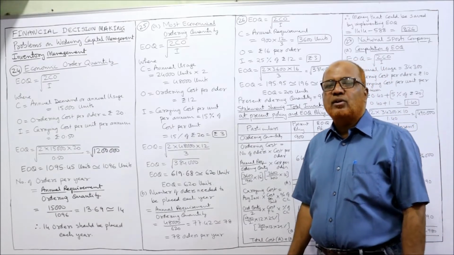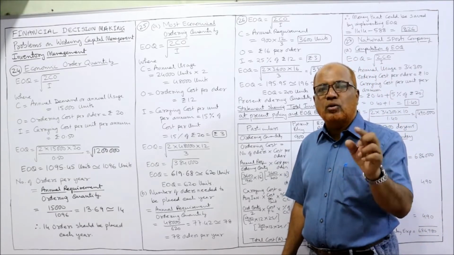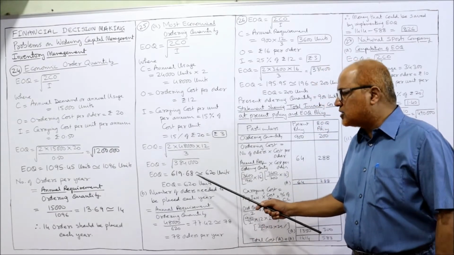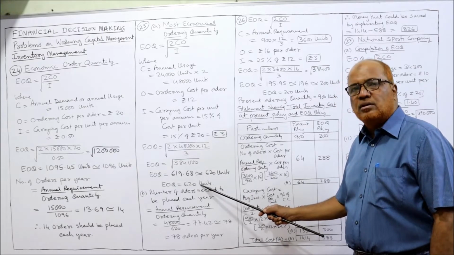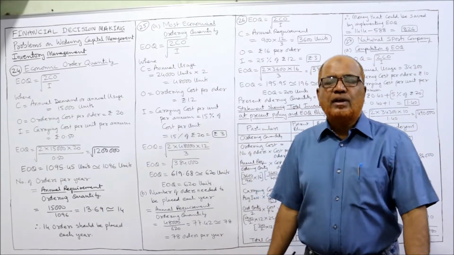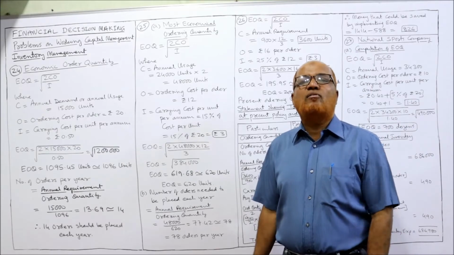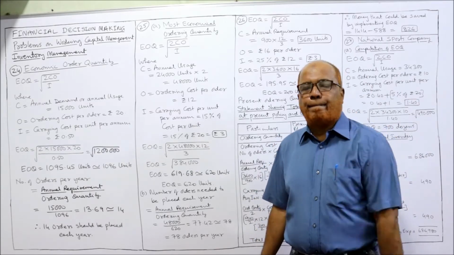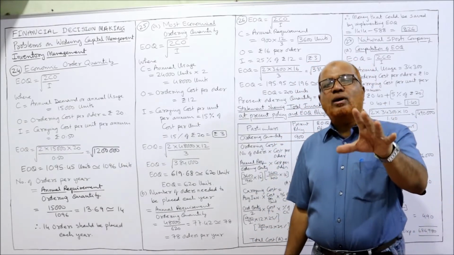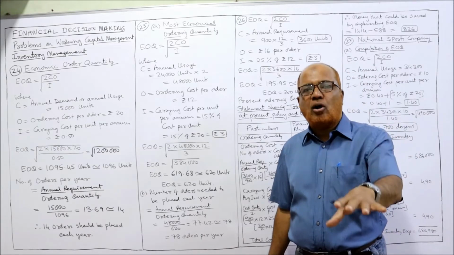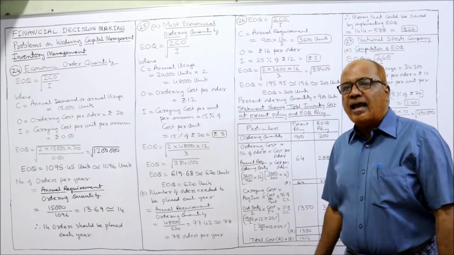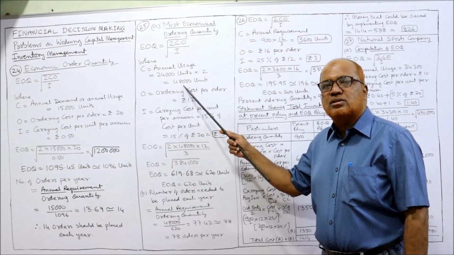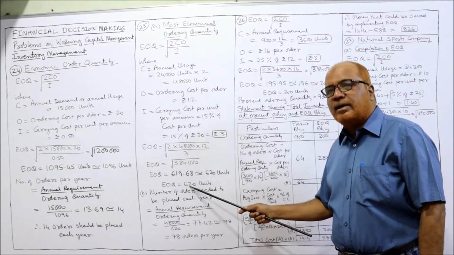Because the number of units cannot be in fraction, it should be in whole number. So we can make it equivalent to 620 units. So one answer we got, EOQ. The second question is asking the number of orders to be placed in 1 year. The formula is annual requirement divided by ordering quantity. Annual requirement is 48,000 and the ordering quantity is 620 units.